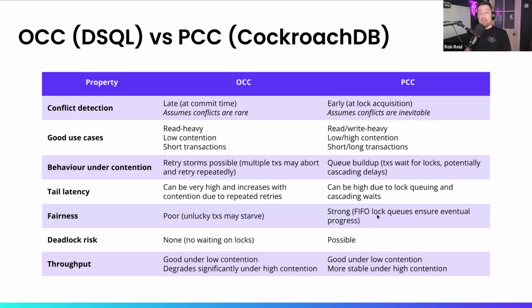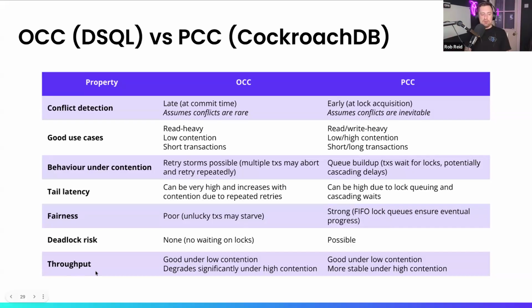PCC offers strong fairness in that everything's done in a first in, first out order. In terms of deadlock risk, there's no risk of deadlocks in OCC because there are no locks to wait on, whereas this is possible in PCC.